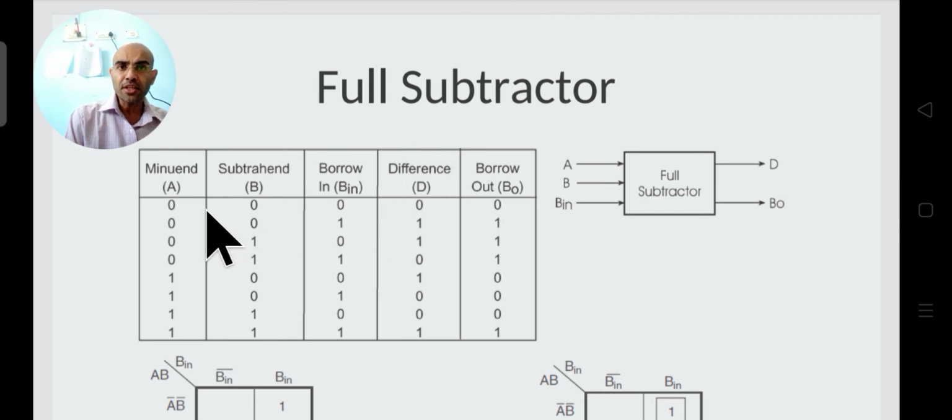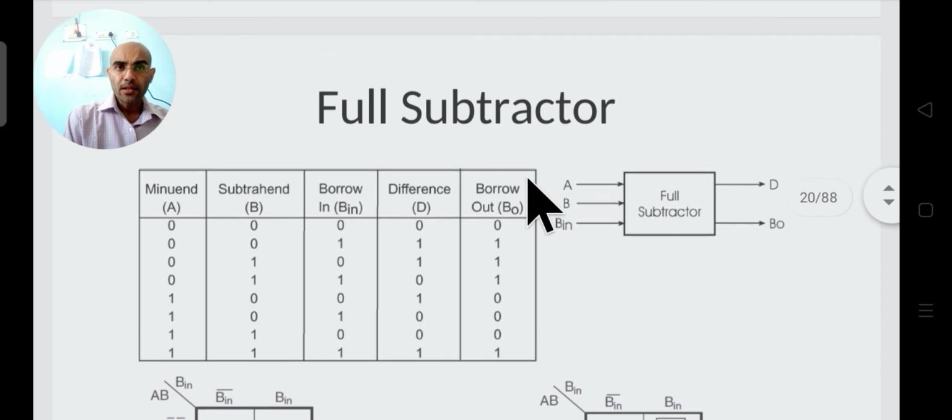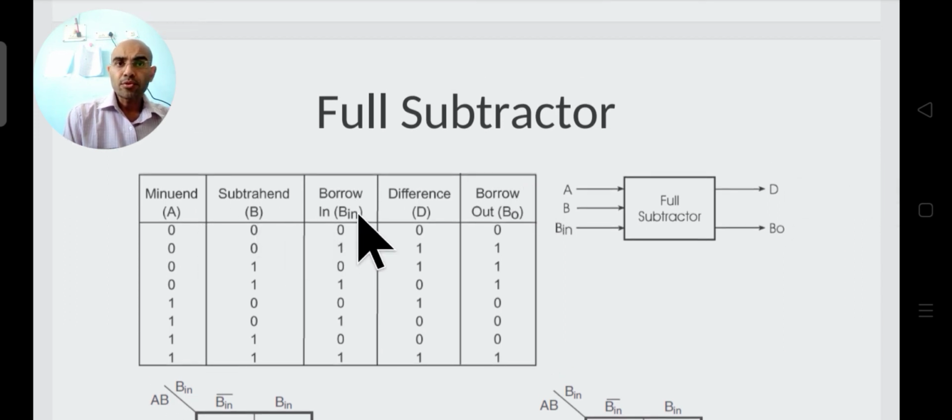If I write the full subtractor, these are all the possible combinations. With 3 variables there are 8 possible combinations. We have written the terms as A, B and B in, the borrow input, and the outputs as difference and borrow output.